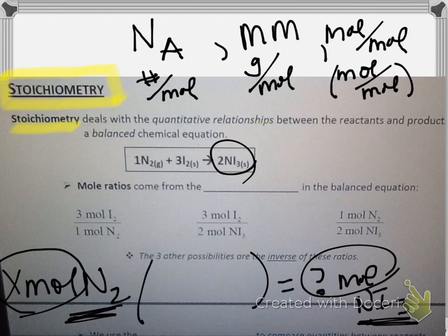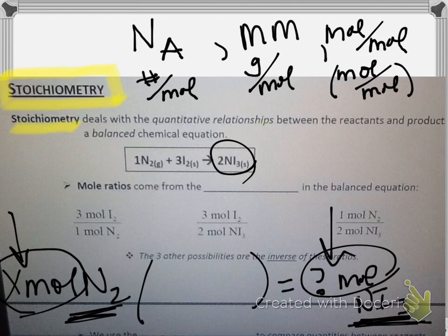This is the first time we've ever seen a problem like this. Every time we've done conversions in this unit, we've always converted from the quantity of one reagent to a different quantity of the same reagent. Here we're given a quantity of one reagent, but we're asked to find the quantity of a different reagent.